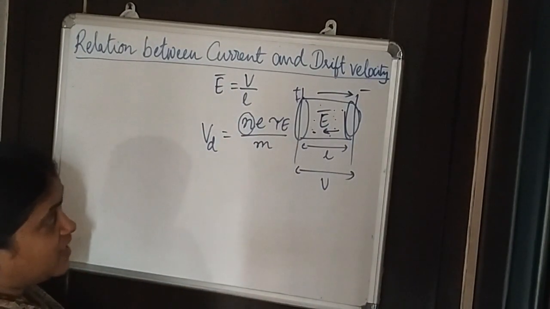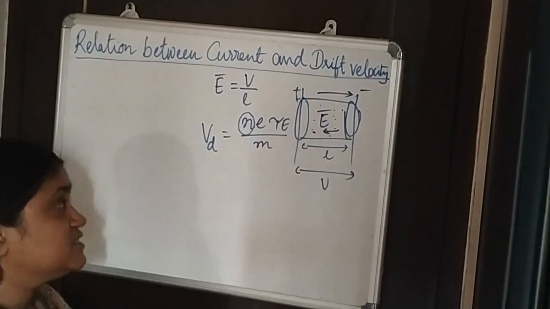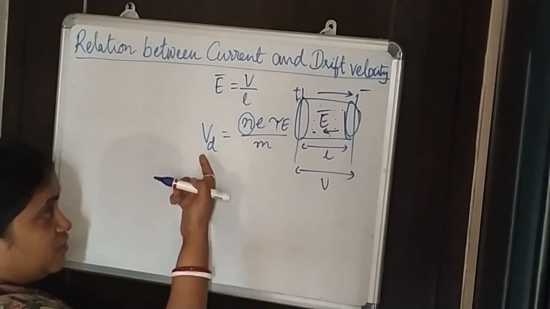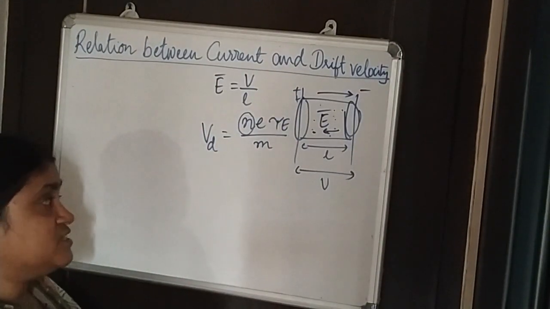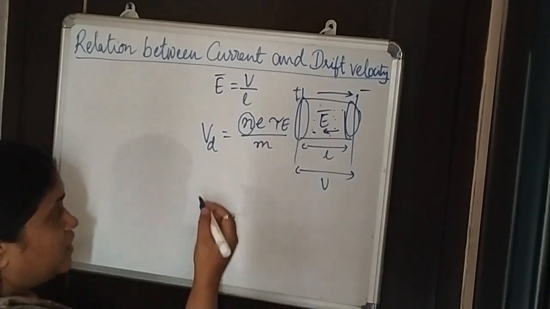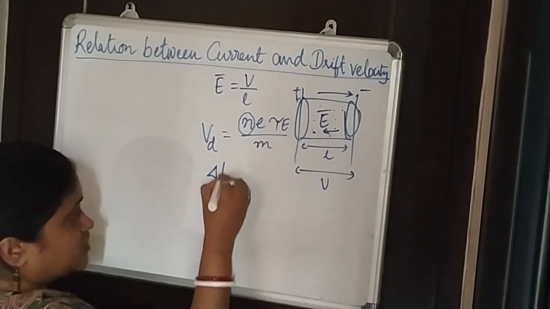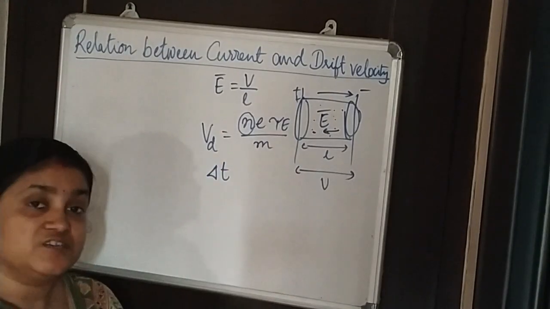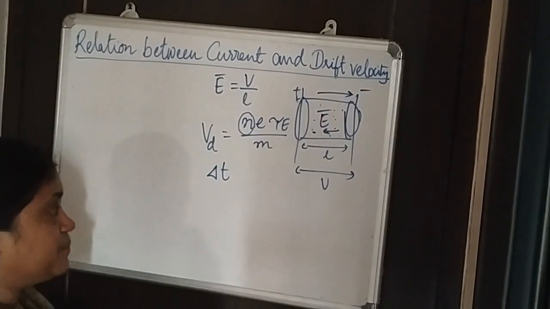Now as we move in progress, suppose we have a drift velocity given by Vd, and for an interval of time del t, these electrons are moving in the opposite direction with the drift velocity Vd.